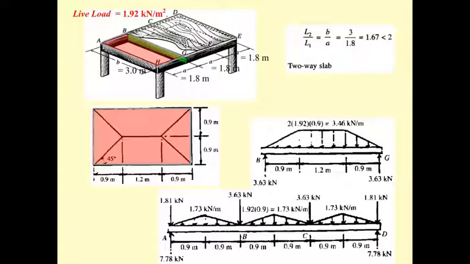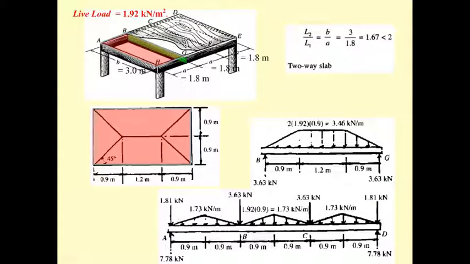You may see that we can draw the shear diagram and moment diagram of this beam, but it's going to be harder than for the uniformly distributed load. I encourage you to try to draw the shear diagram and moment diagram of this one.